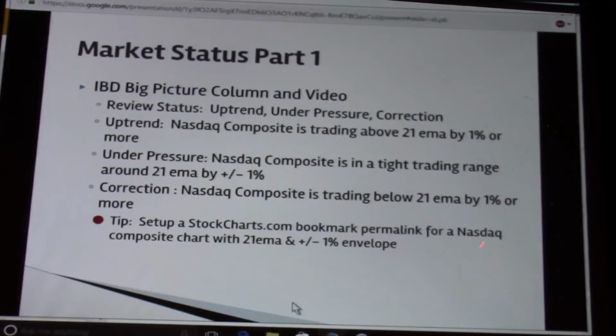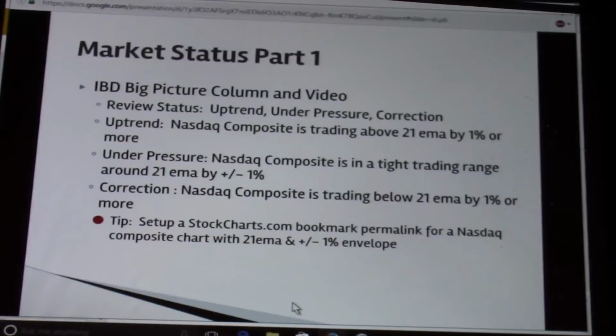In the back, I have a stock tip for you: use the free site, stockcharts.com, make a chart, and bookmark it so that you can reference it on your computer every day. It puts that 1% envelope, plus or minus, around the 21 EMA, and I show you how to do that.